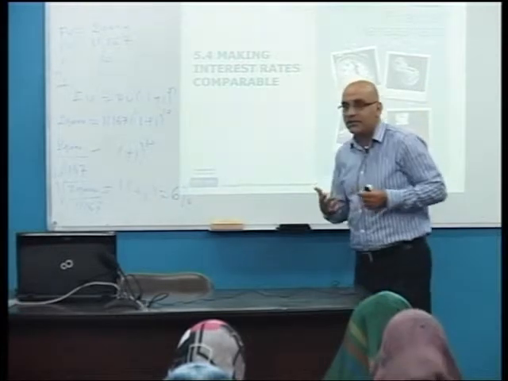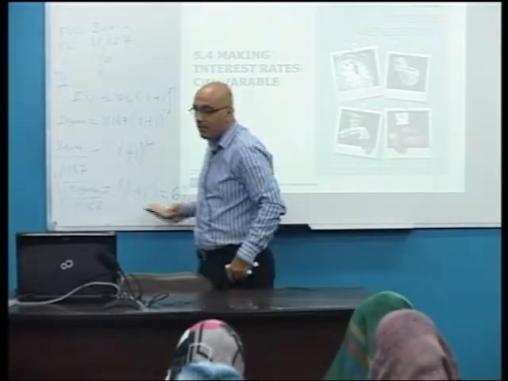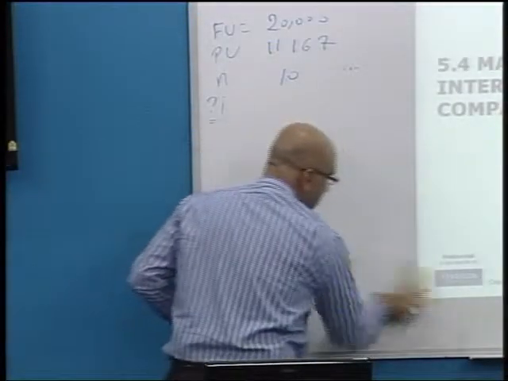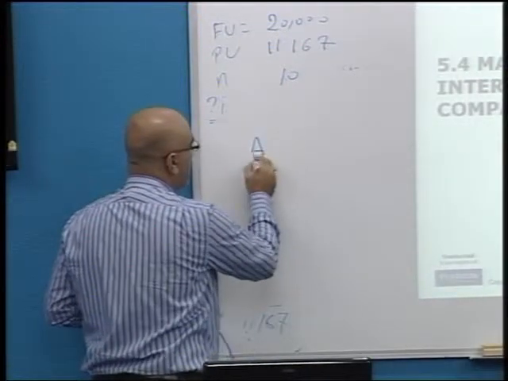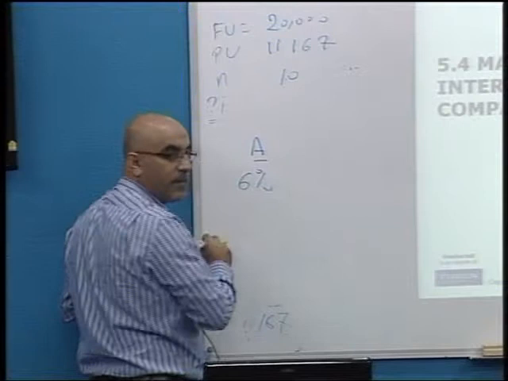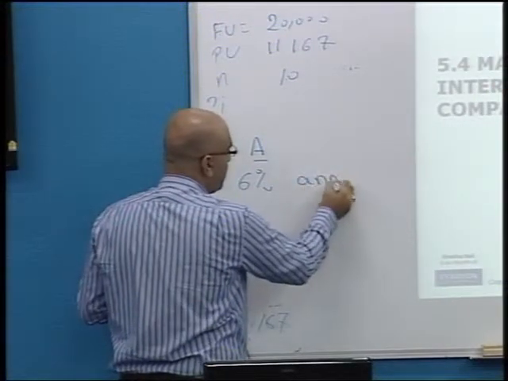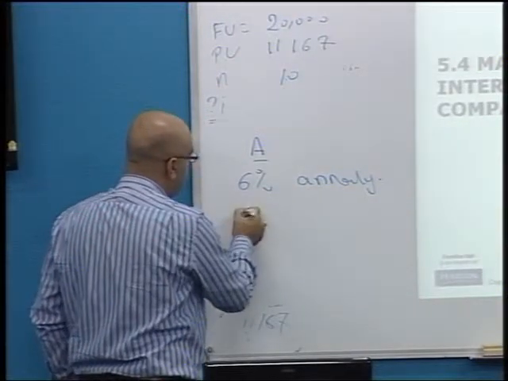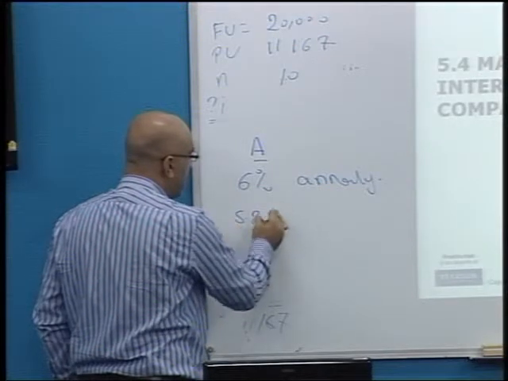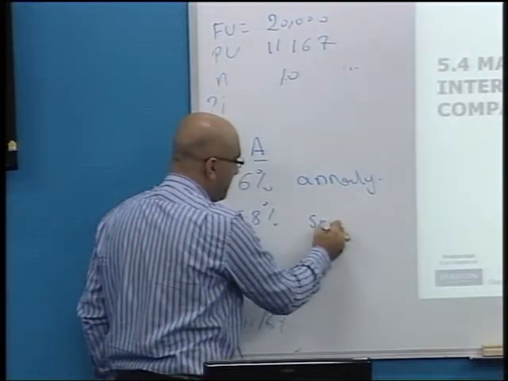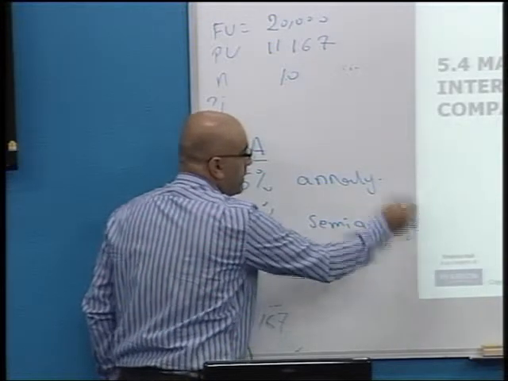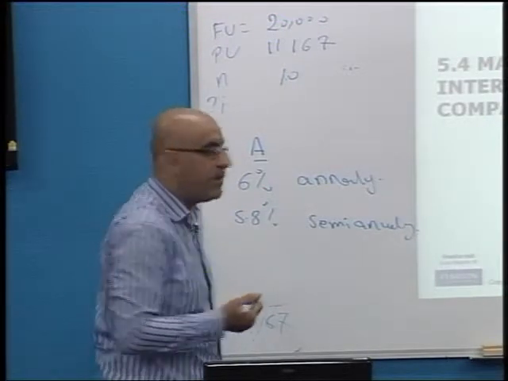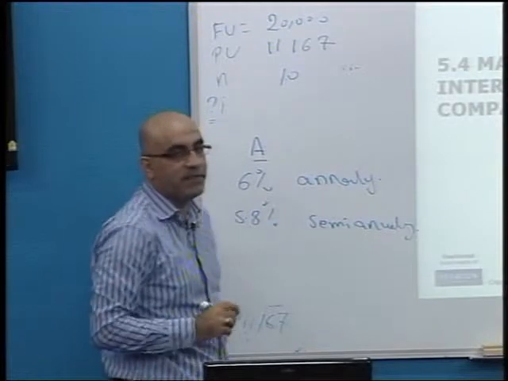For instance, if I told you that a friend of mine went to the bank and Bank A suggests 6% compounded annually, and another bank suggests 5.8% compounded semi-annually. So how can you judge this? 6% annually or 5.8% semi-annually.